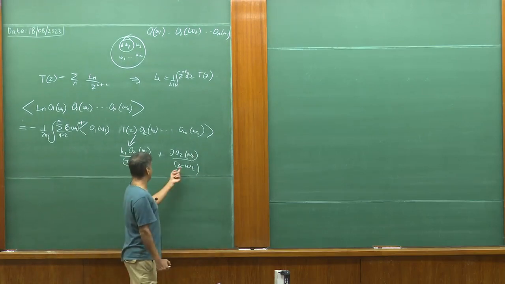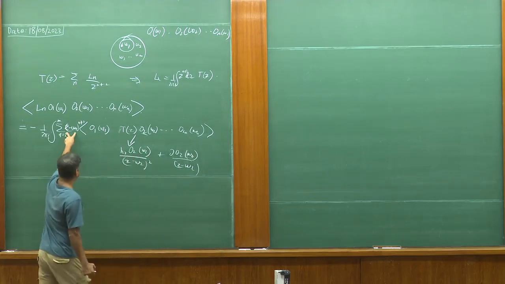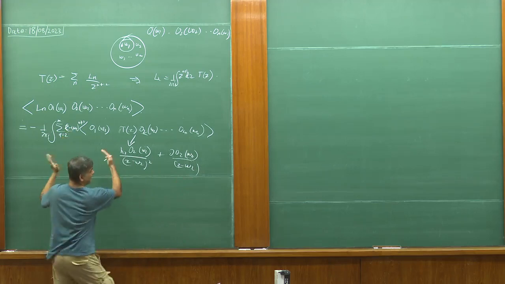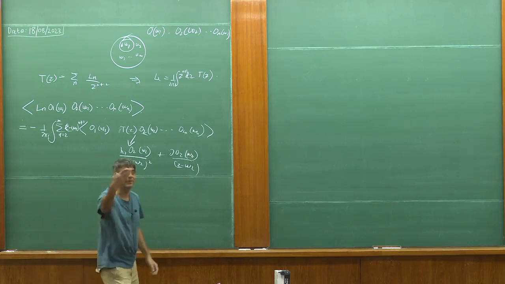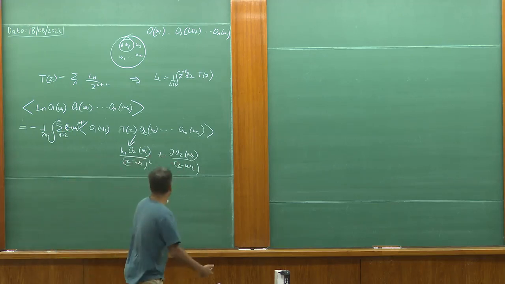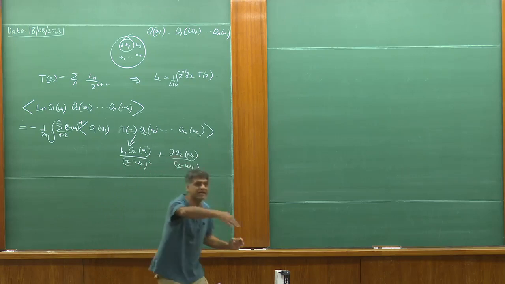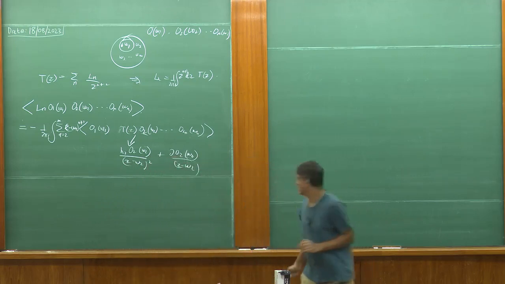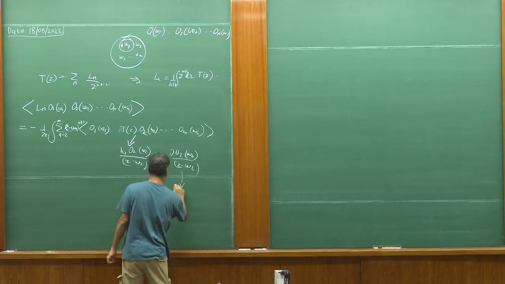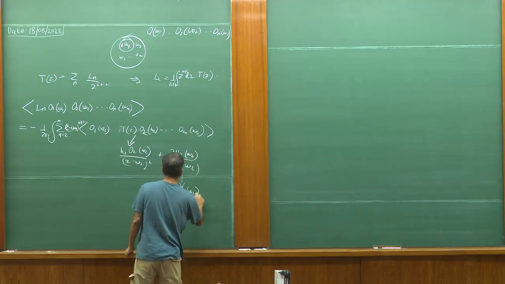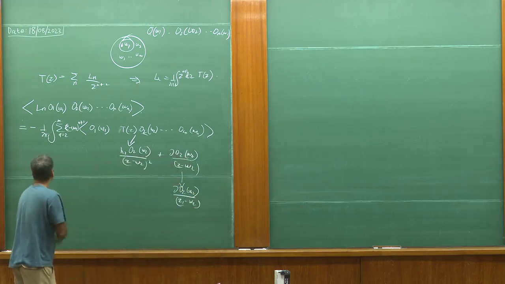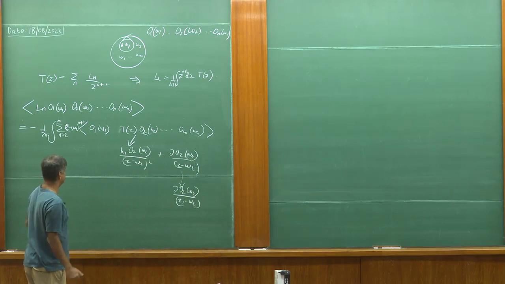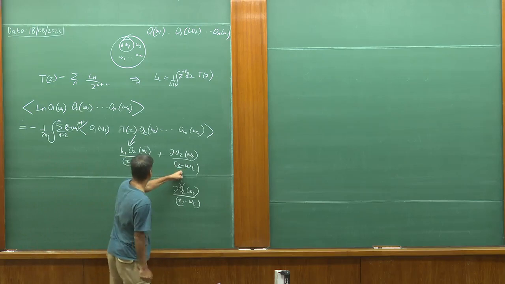This guy is already pole-like. We have this extra factor of (z minus omega 1) to the power n plus 1 multiplying all of this, so it's there ready to be Taylor expanded around z equals omega 2. But we don't need it because this guy was already a pole. Any higher order in the Taylor expansion will make it regular. So this guy just contributes del O2 of omega 2 over (z1 minus z2), because we're taking the pole.